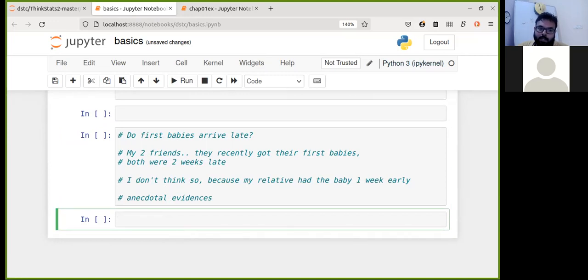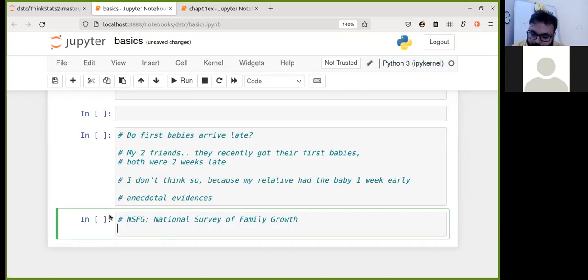There has been a very interesting survey in the United States of America, and that survey is called the NSFG, which is National Survey of Family Growth. They have conducted this survey since 1973, and this survey is conducted by the US Center for Disease Control and Prevention.